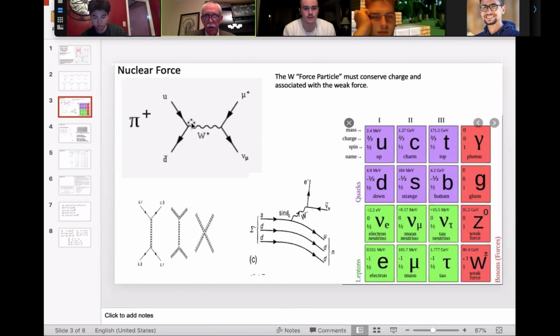It can spawn off one quark and an antiquark, and if it doesn't decay to quark-antiquark, it goes to leptons in the same family. So you've got a conserved lepton number in this process.